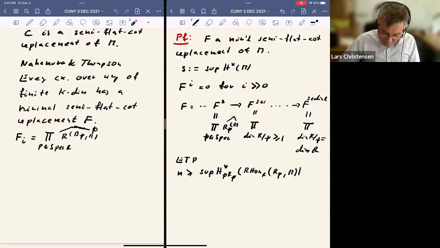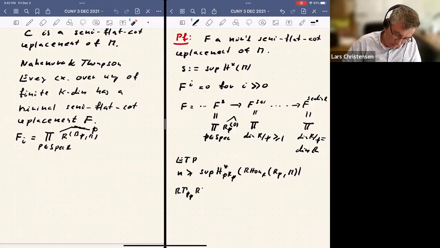That is enough. So this means that the complex I need to look at is the right derived torsion functor applied to the co-localization.